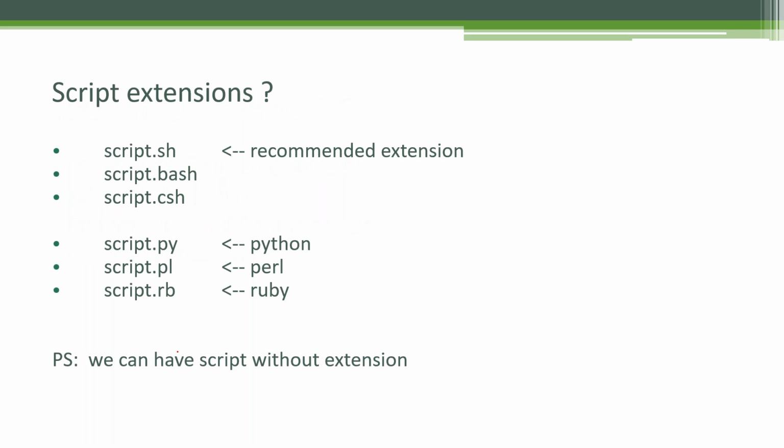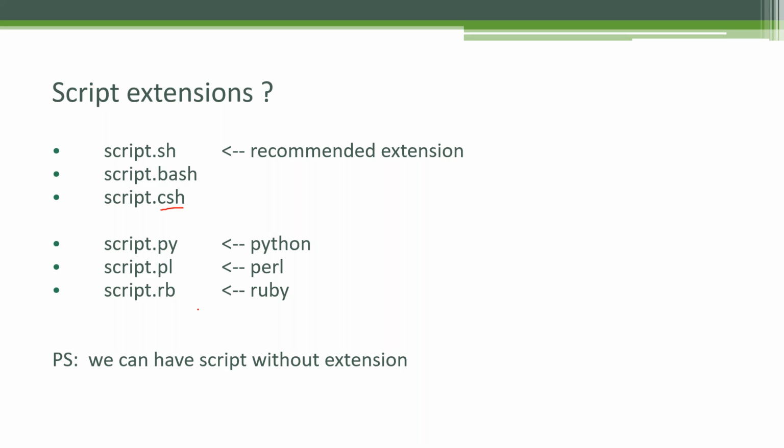Now let's look at the different extensions of shell scripting. Usually we go with the extension .sh, that is shell scripting. If it is bash, you can give it as .bash, C shell as .csh, Python .py, Perl, Ruby. These are the extensions for the different types of scripts that we'll be writing.